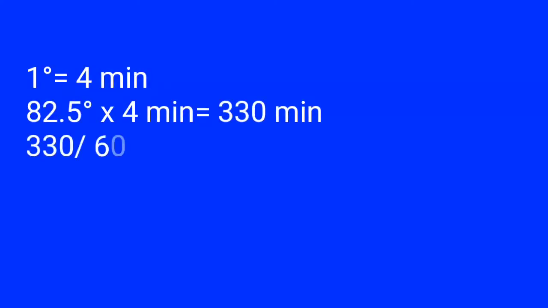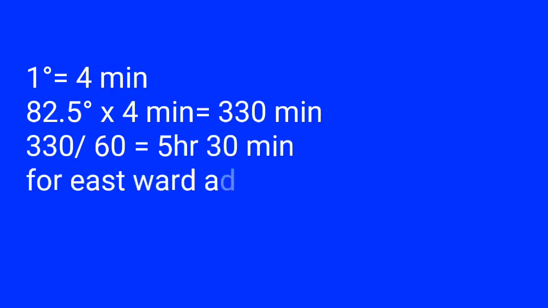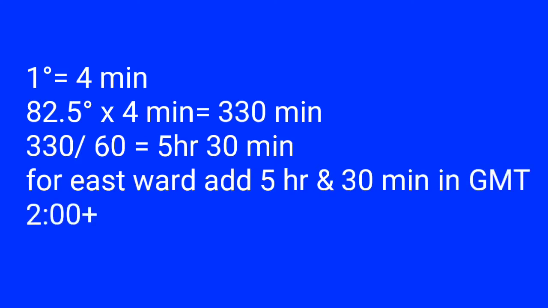Children, you can calculate time by yourself also. 1 degree is equal to 4 minutes, I have already told you. For 82.5 degrees east, first we multiply 82.5 by 4, which is equal to 330 minutes. Now when we divide it by 60, because 1 hour is equal to 60 minutes, it comes to 5 hours and 30 minutes.